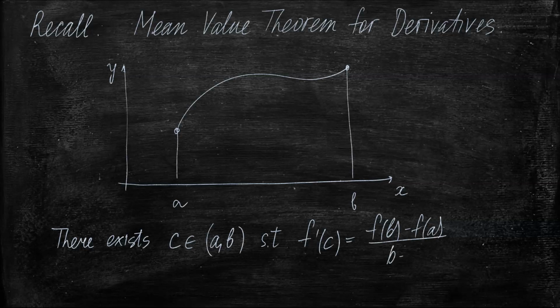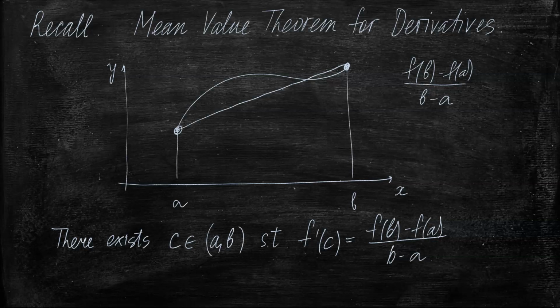So geometrically, what does this mean? Well, f(b) minus f(a) over b minus a is called the difference quotient, and it represents the slope of this secant line, and f prime of c represents the slope of the tangent line at point c.